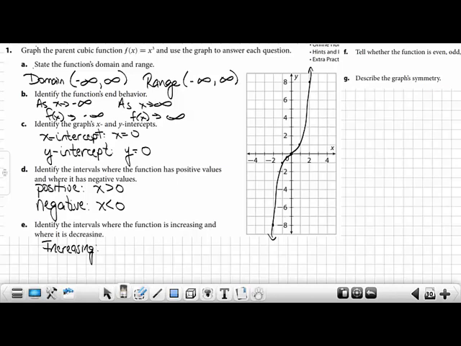From negative infinity to infinity. It's always increasing. If he's a little dot on this thing, he's always going uphill.